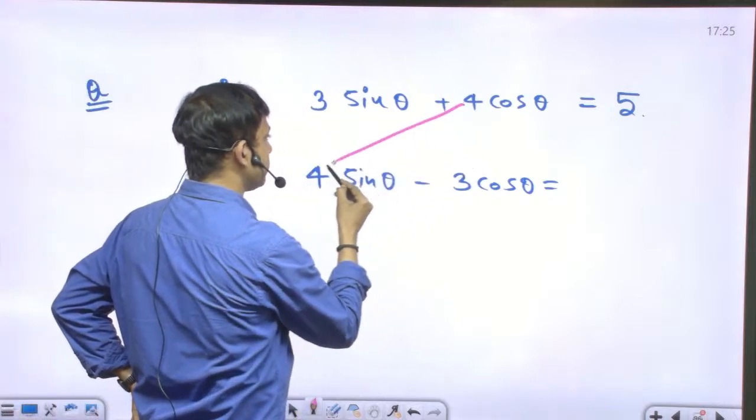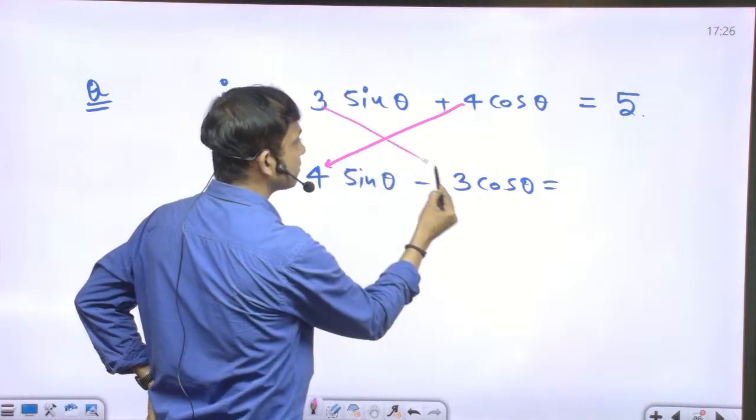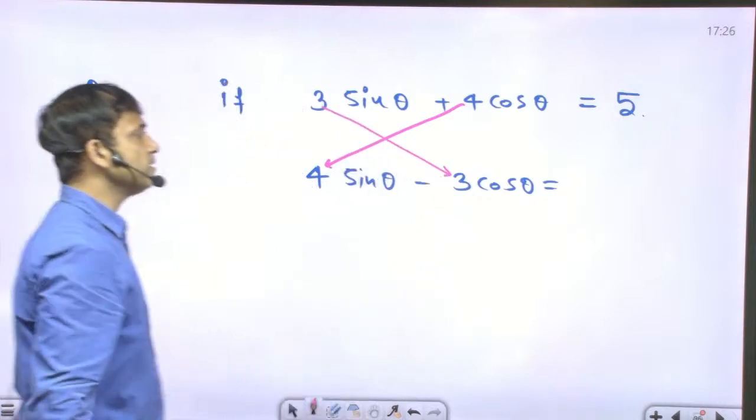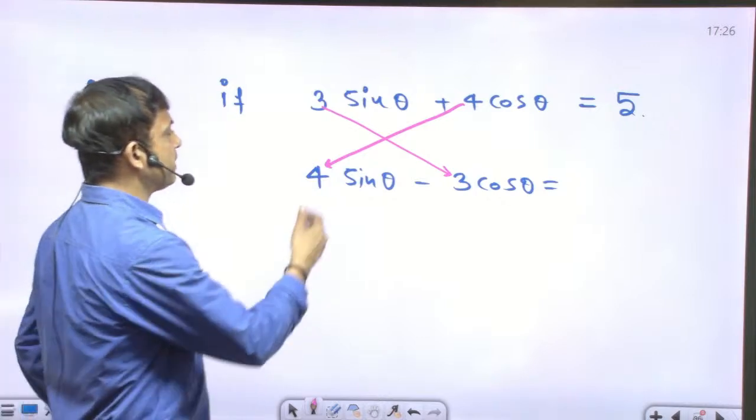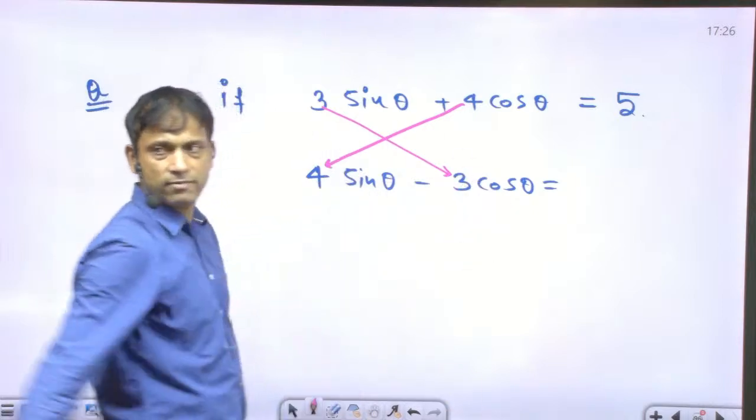These numbers will be converted. These numbers will be reciprocal to each other. That is, 3 sine 4 cos will become 4 sine 3 cos always.